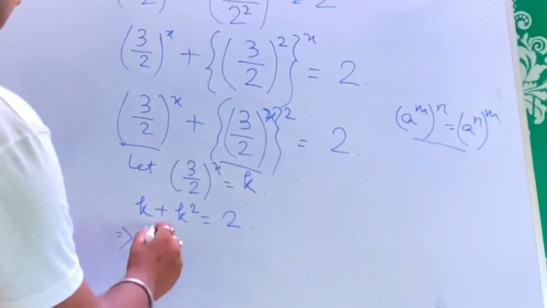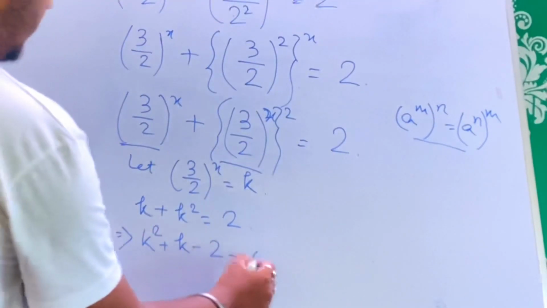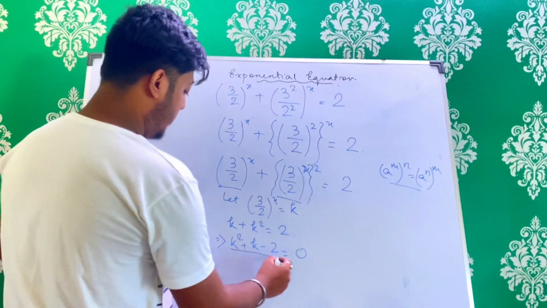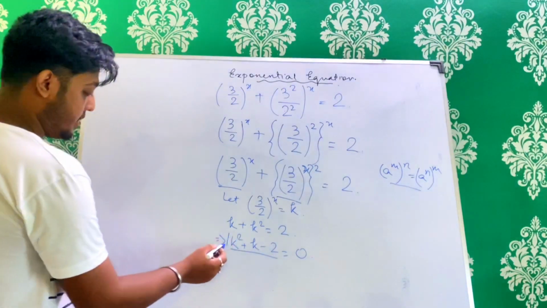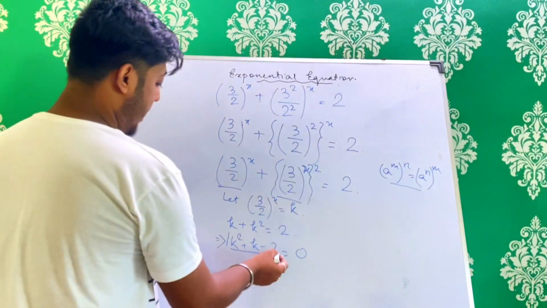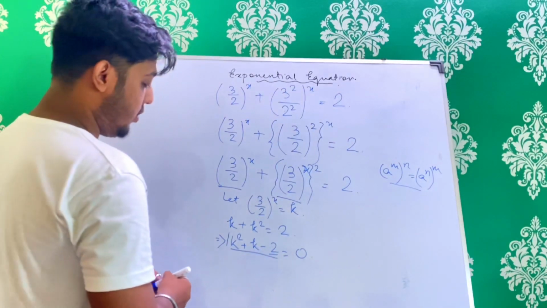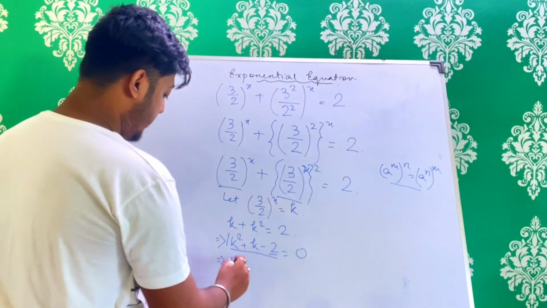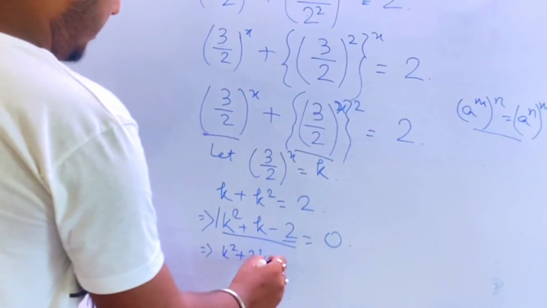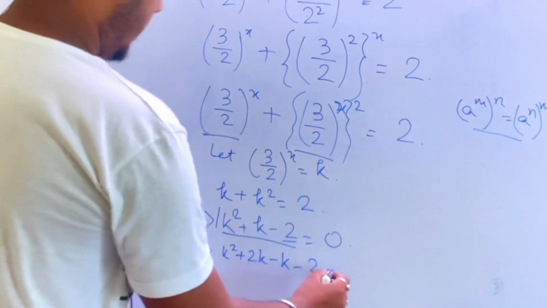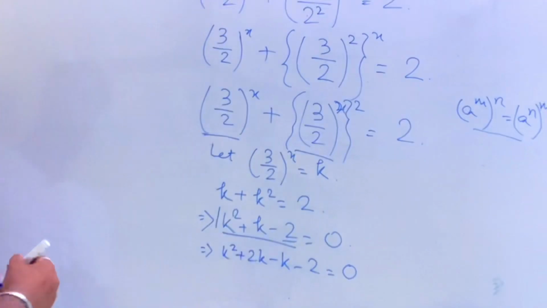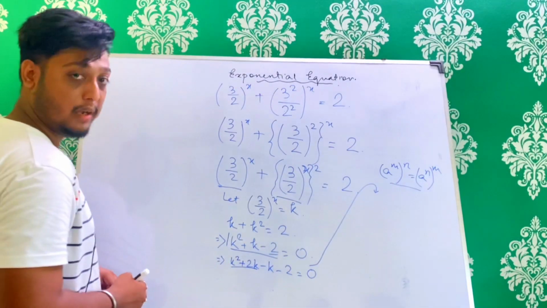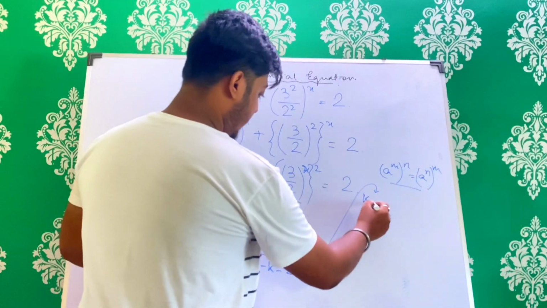We can rearrange it and write it like this. Now let's do middle term splitting here. Here the coefficient of k square is 1 and c is minus 2 here. So 2 ones are 2, plus 2k minus k minus 2 is equal to 0. We can take k common from here. Let's take k common.